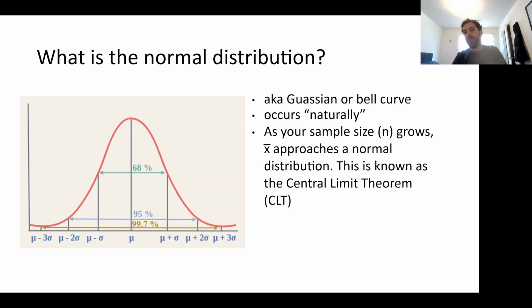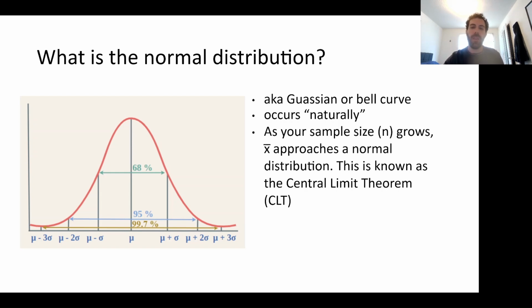And that's what is known as the central limit theorem. So regardless of the data you start with, if you calculate the sample mean over and over again many, many times, those sample means will be normally distributed provided that I do it enough times.